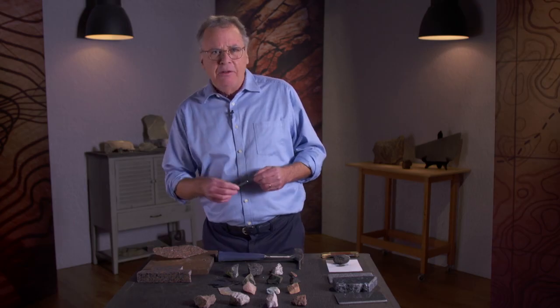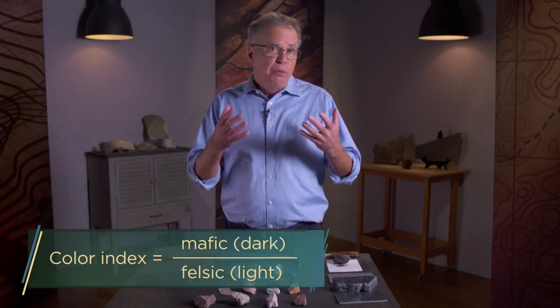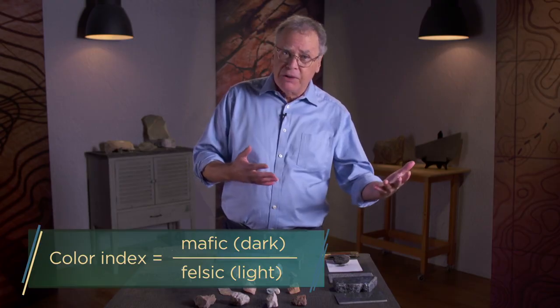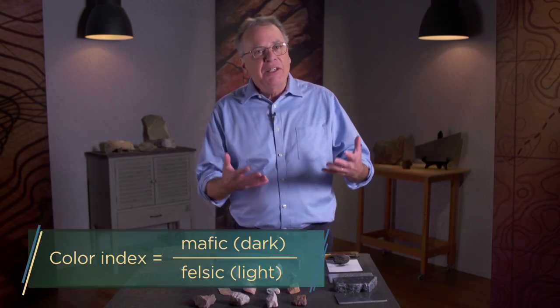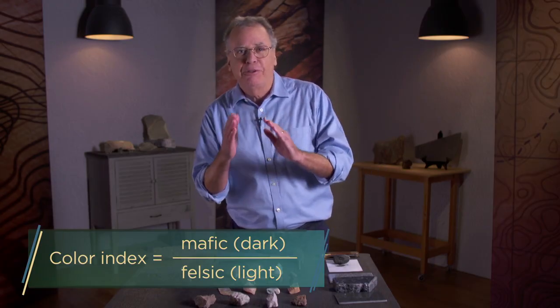So because of the color differences of these minerals, a quick and dirty way to differentiate intrusive igneous rocks is what is called a color index. It is essentially the ratio of mafic minerals to felsic minerals. The index ranges from 0 for brightest white to 100 for darkest black.